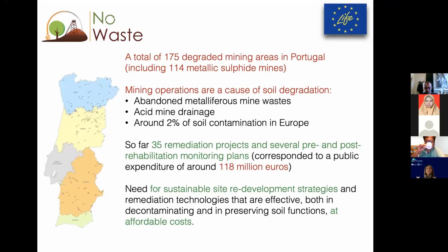I don't know if you have an idea, but for ideal plant growth, for most plant species, the pH range should be between 5.5 and 6.5, or between 6 and 7. So what happens is that with such a low pH, you don't have plant growth, because the metals will be mostly in the cationic form and in solution, extremely available for plant uptake. So we need to treat not only the metal contamination, but also the acidity of the soil.